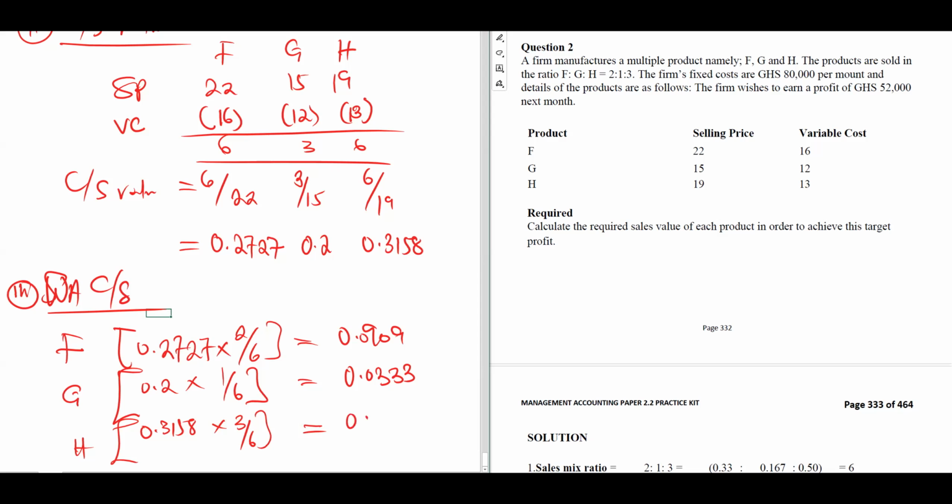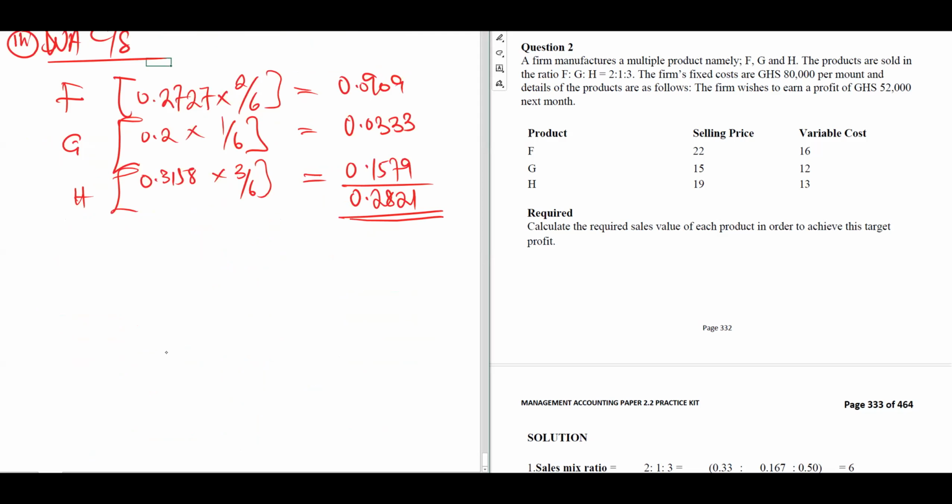We have 0.1579. If you add everything up, you have 0.0909 plus 0.0333 plus 0.1579. You end up with 0.2821, right? So now I have my weighted average CS ratio.